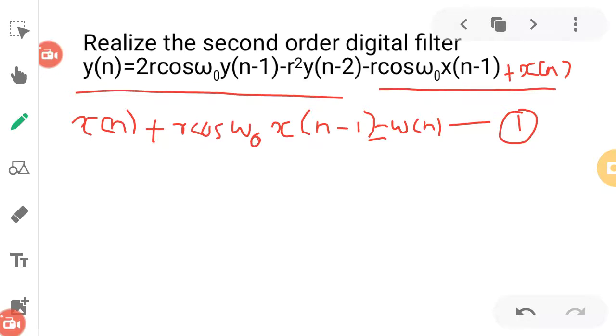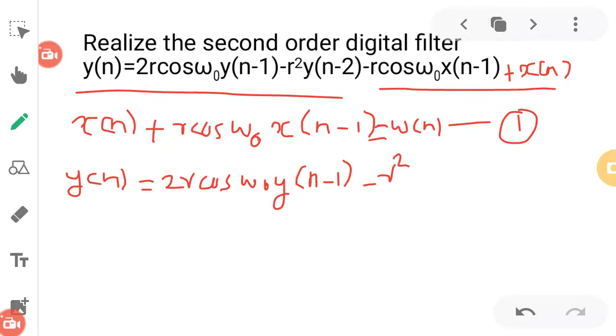Okay, and we can write y of n equal to 2r cos omega 0 y of n minus 1 minus r square into y of n minus 2 plus w of n.